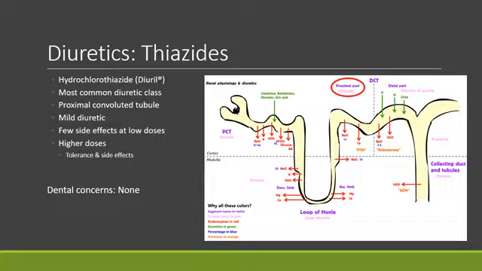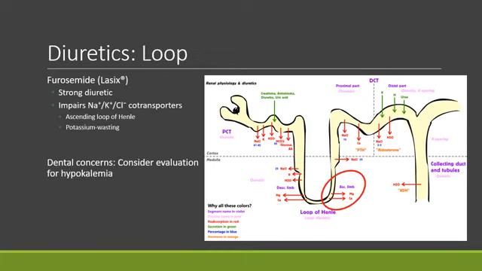But the antihypertensive activity part kind of maintains. We see relatively few side effects at moderate and low doses. At higher doses of hydrochlorothiazide, we can see tolerance develop in some of the side effects. But in terms of our dental concerns with thiazide diuretics, we really don't have a lot of concerns there.